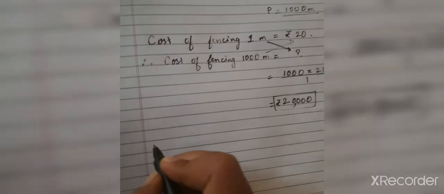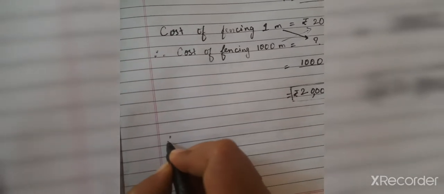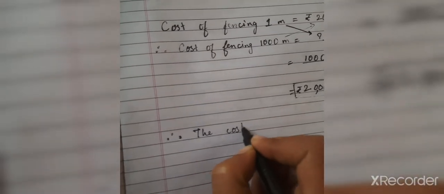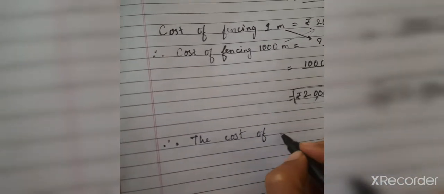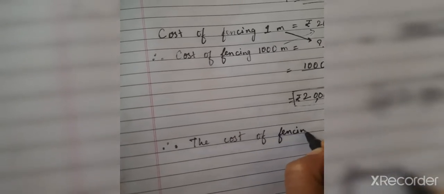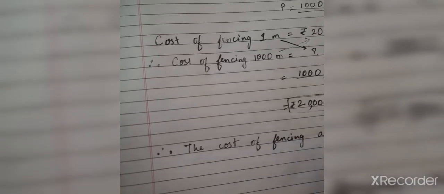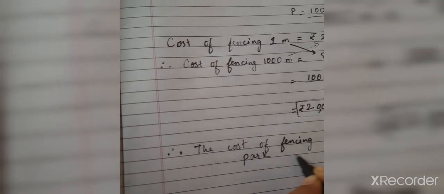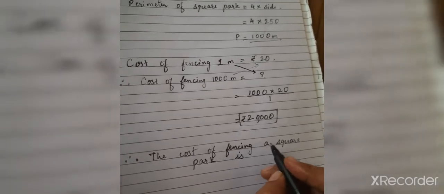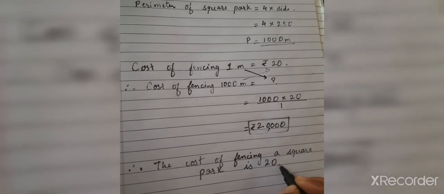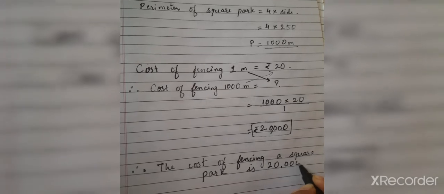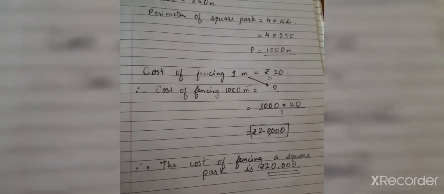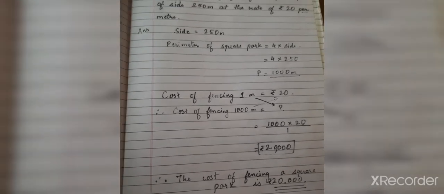So in the final statement you will write: therefore the cost of fencing a square park is 20,000 rupees. This will be your final answer.